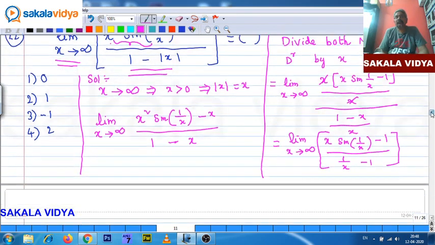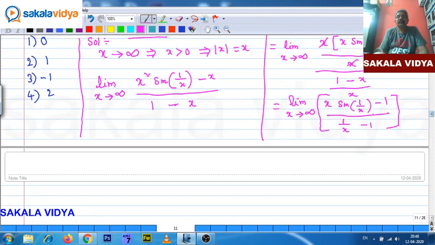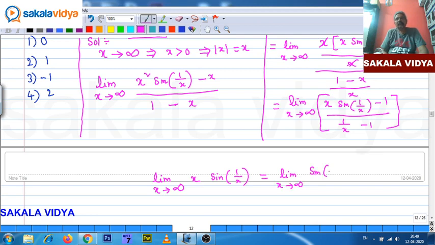So now let us solve the problem like this. One thing to remember here: limit x approaches infinity, x into sine of 1 by x, let us do it separately. This can be written as limit x approaches infinity, sine of 1 by x by 1 by x. So this is sin theta by theta, and as x approaches infinity, 1 by x is 0 itself, so limit theta tends to 0 of sin theta by theta is 1.